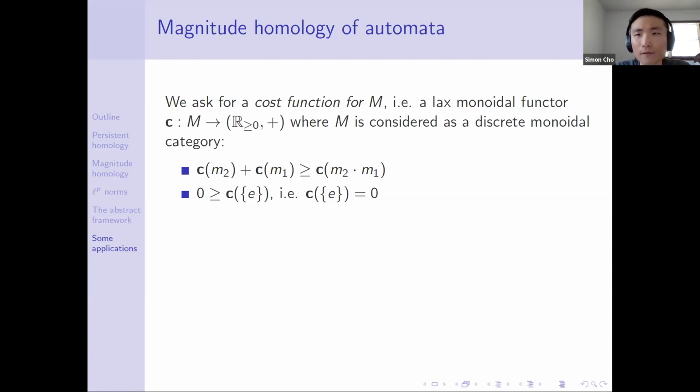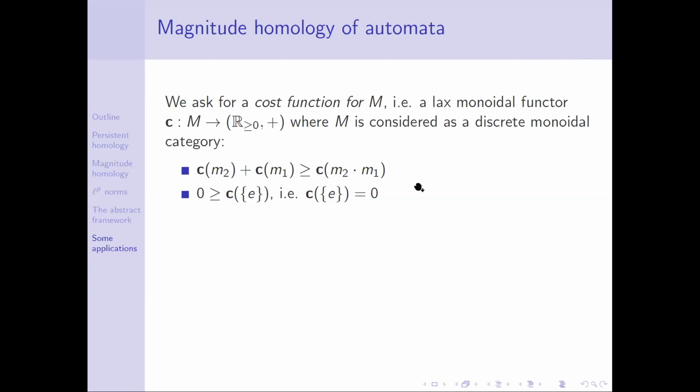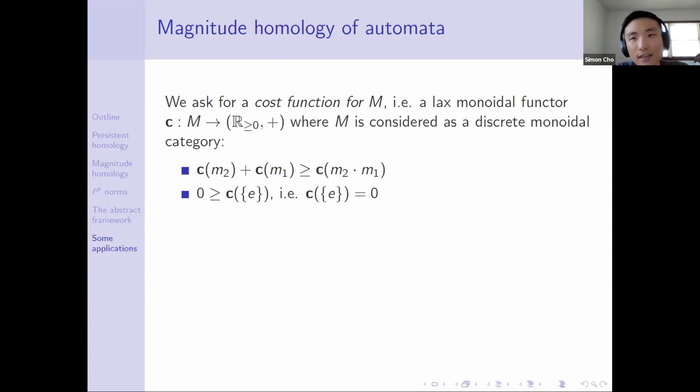For it to be sensible, you can ask for it to be monoidal or lax monoidal. It just means that the cost of enacting two separate transitions is at least as great as the cost of enacting them together, one after the other, with the sum of the costs.